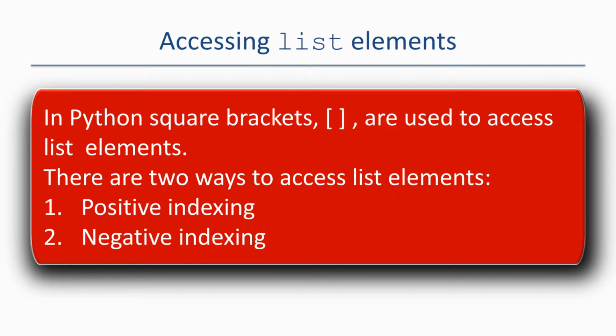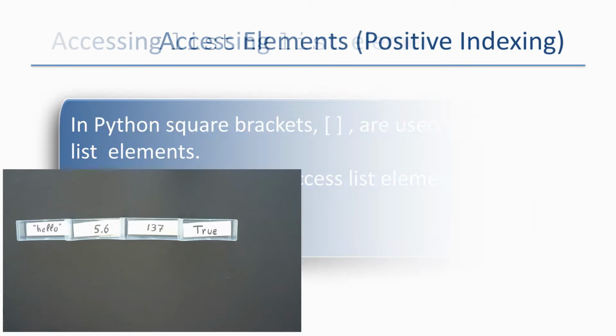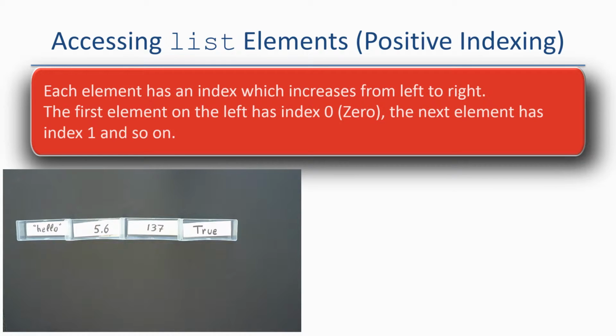And there are 2 ways to access list elements, either by positive indexing or by negative indexing. In positive indexing, each element has an index which increases from left to right, and the first element on the left has the index of 0, the next element has the index of 1, and so on.